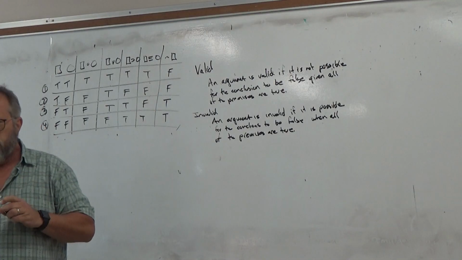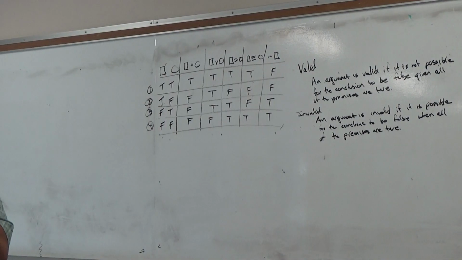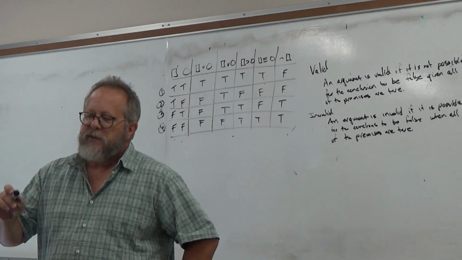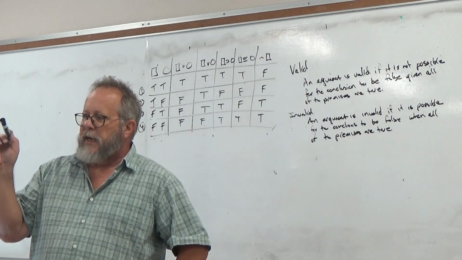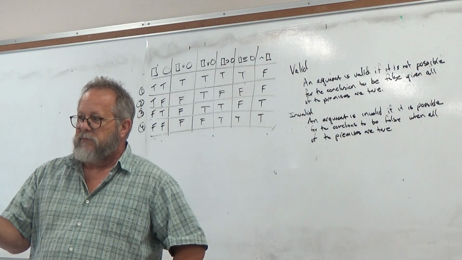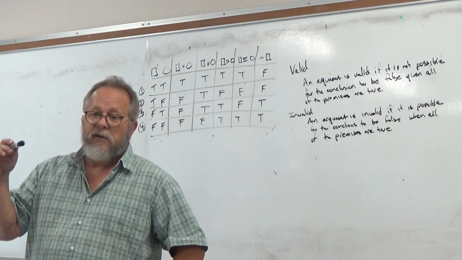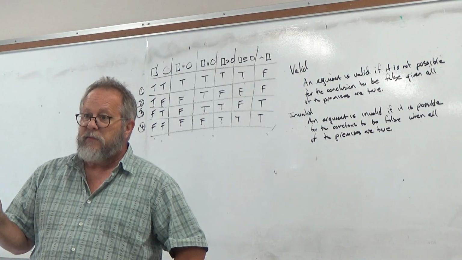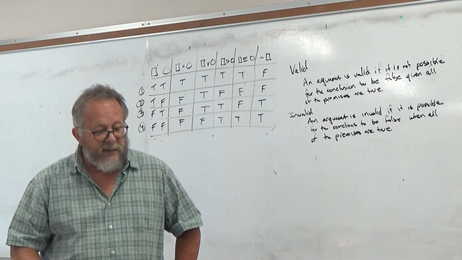Now, the way that you should think about working these problems is this. Try to show the argument is invalid. That means try to find a case where all the premises are true and you have a false conclusion. That's invalid. If you can't find that, then, since an argument is either valid or invalid, it must be valid.